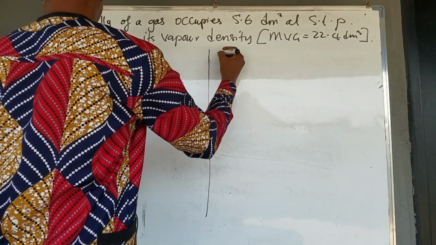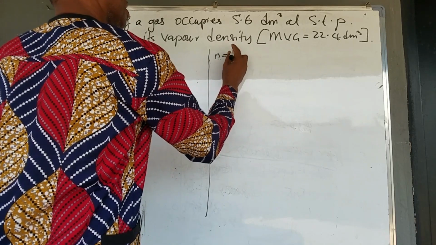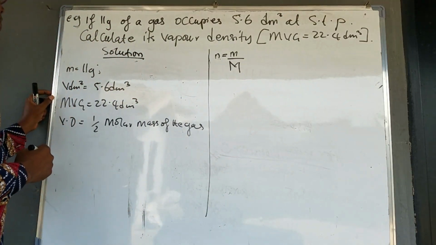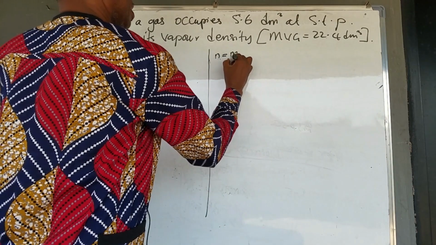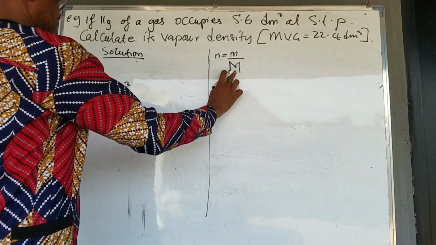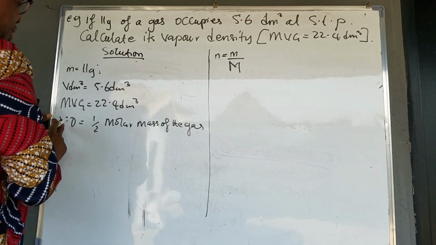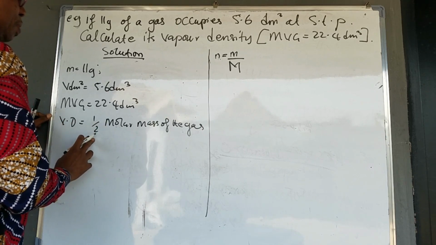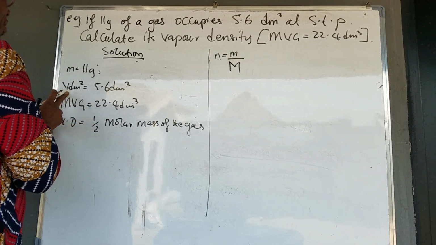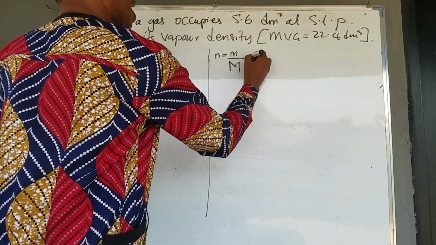Now, remember that n is equal to small m over big M. But unfortunately, I don't have the big M. But I know that VD is equal to 1 over 2 times whatever the big M is. But I have this. I also have this. So which formula will help me?